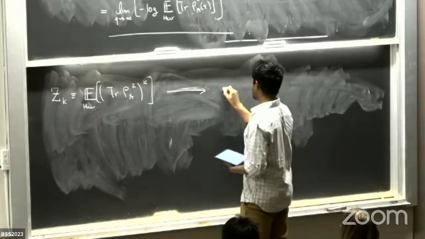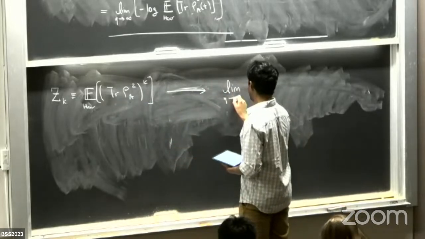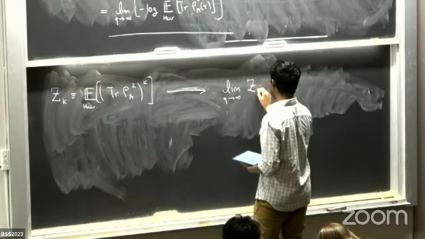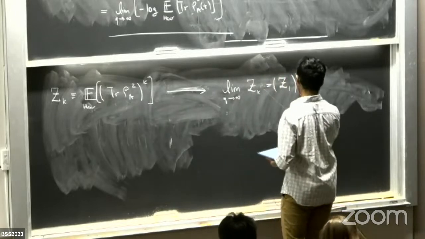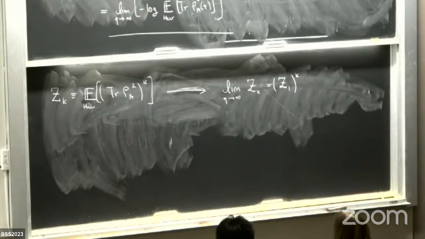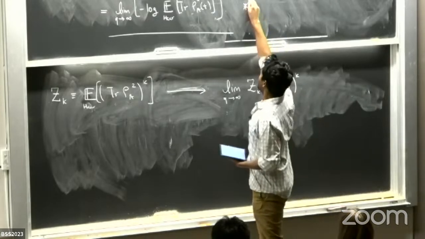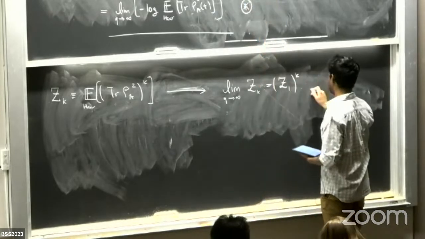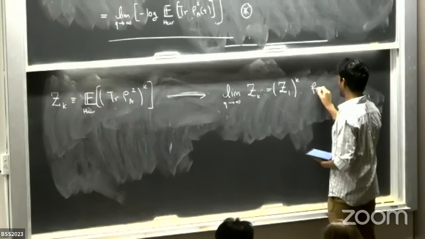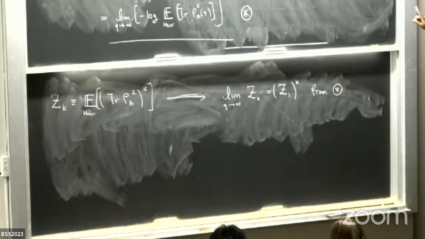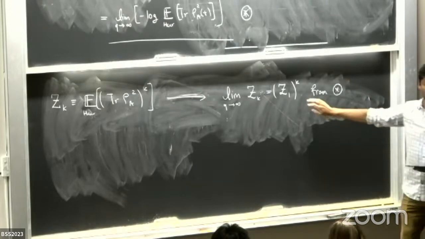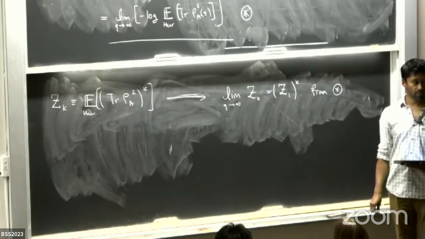So another way of saying this is, in the limit Q goes to infinity, ZK is actually just equal to Z1 to the kth power. This is equivalent to this equation and using the replica trick. So in order to be consistent with that expression up at the top, this has to be true, okay?